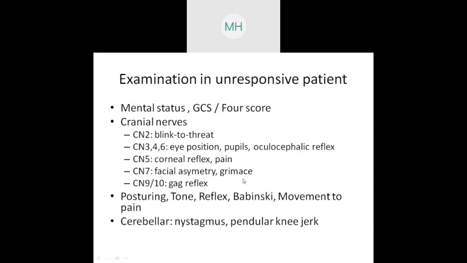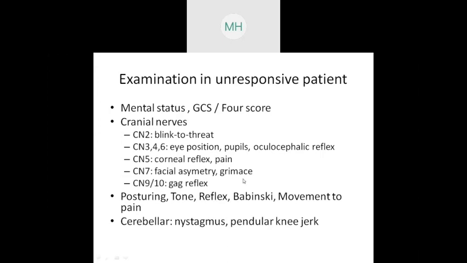So cranial nerves. We have a limited cranial nerve examination. But you can see that based on the cranial nerves, it actually gives you the location: 3, 2, maybe upper midbrain or cortex; 5, 7 is in the pons; 9, 10 is in the upper medulla.